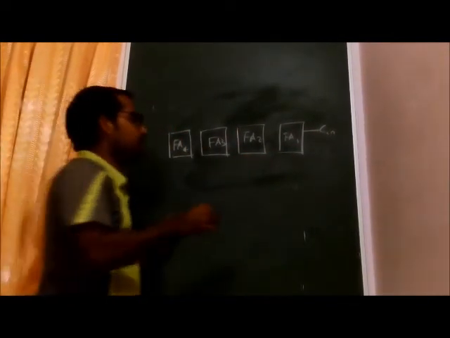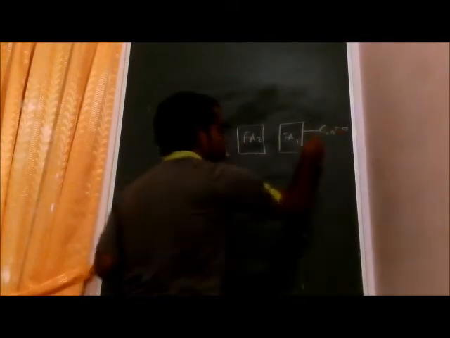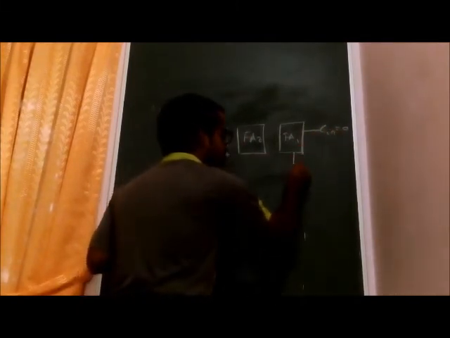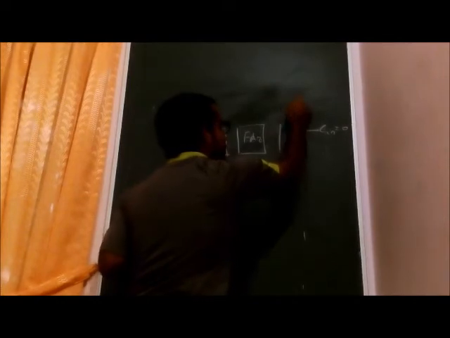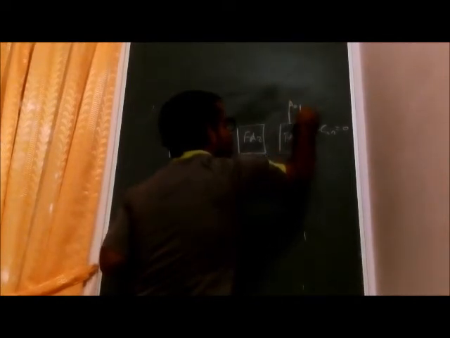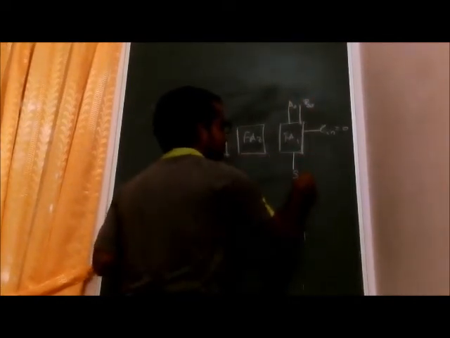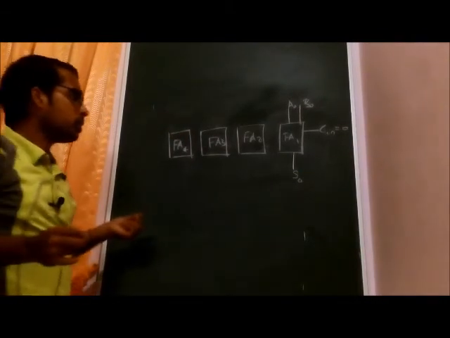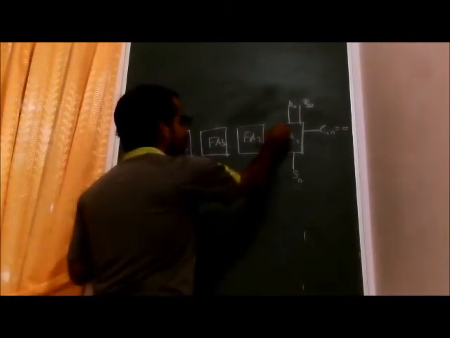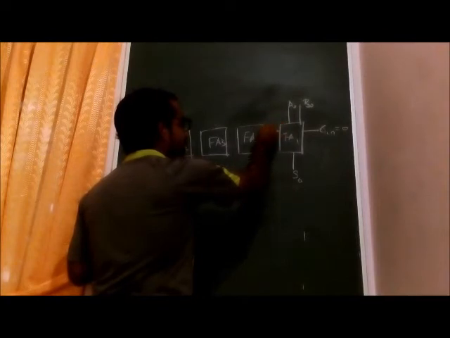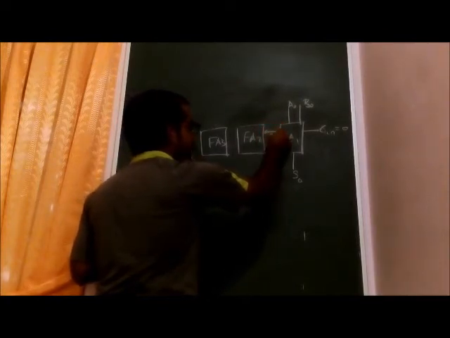Since this is the least significant bit, the C in will be 0, and this is the sum, and these are the inputs. A0, B0 are the inputs, and S0 is the output, and there will be a carry here. We call this carry C0.